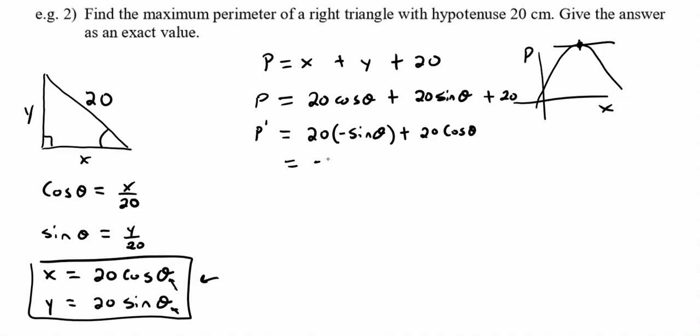So this would be negative 20 sine theta plus 20 cos theta. Now I'm going to factor out negative 20: sine theta minus cos theta.